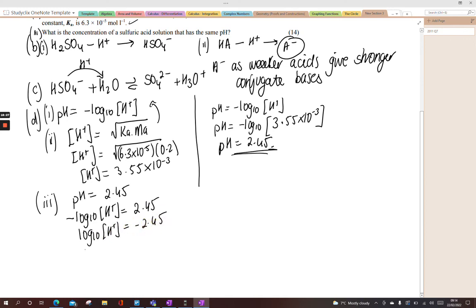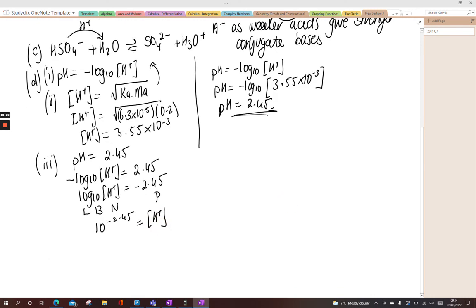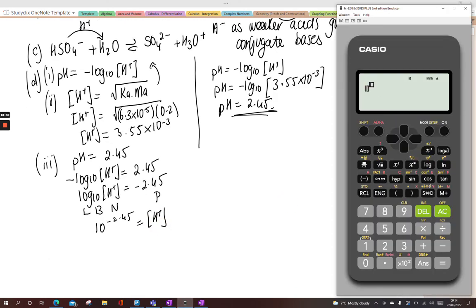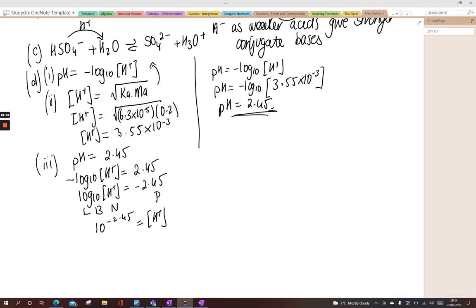Do your anti-log. Log base number power: base always goes to a power is equal to the number. Throw that in our calculator. So the shift log minus 2.45. 3.55 by 10 to the minus 3.